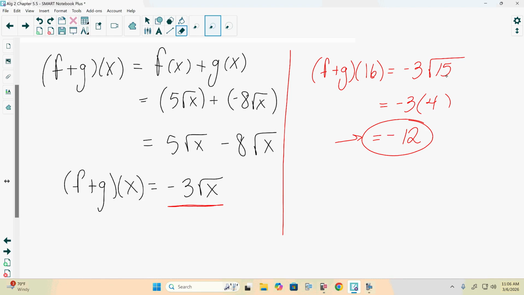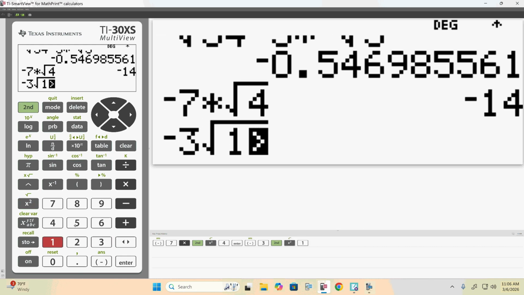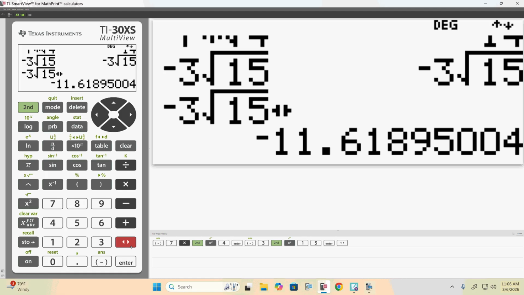So in this case, that's simplified. The only other answer we could get would be 3 times the square root of 15, which is approximately 11.61895004. Leave it as a radical.